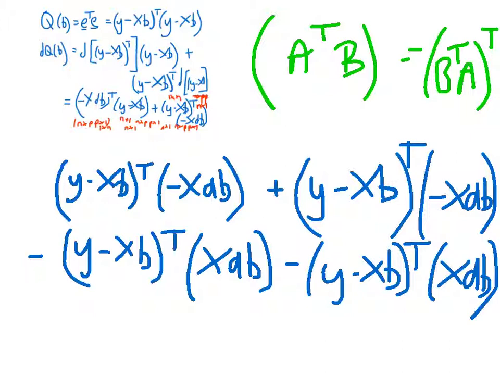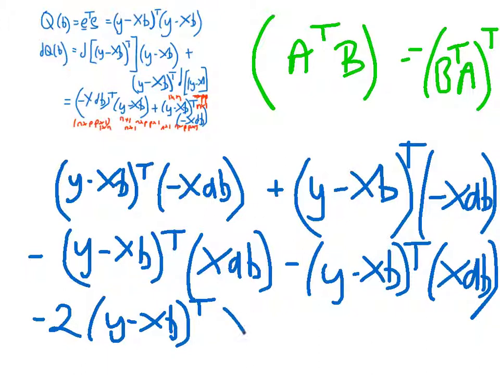Well, these terms are now identical, so what I have in fact is minus 2 y minus xb transpose multiplied by x db. And again I can check this is all okay, because we've already seen this is 1 by n and this term here is n by 1. So we'll push that piece of our workings to one side.